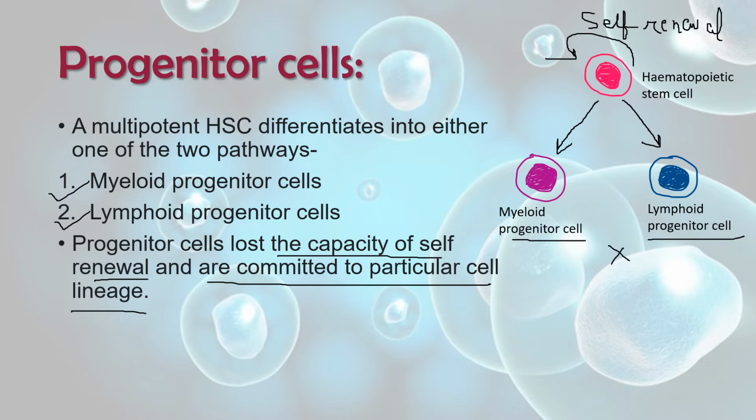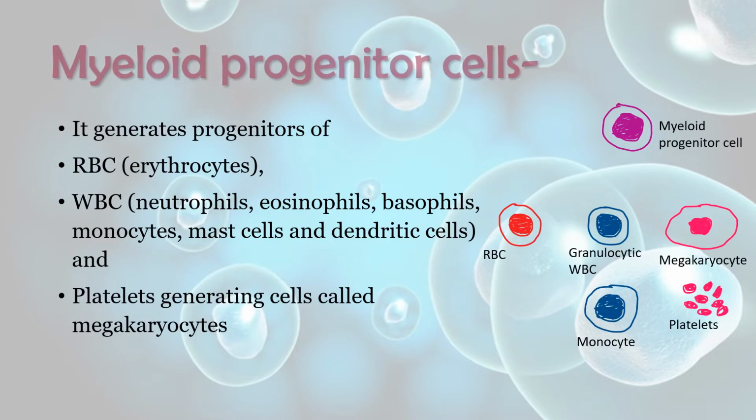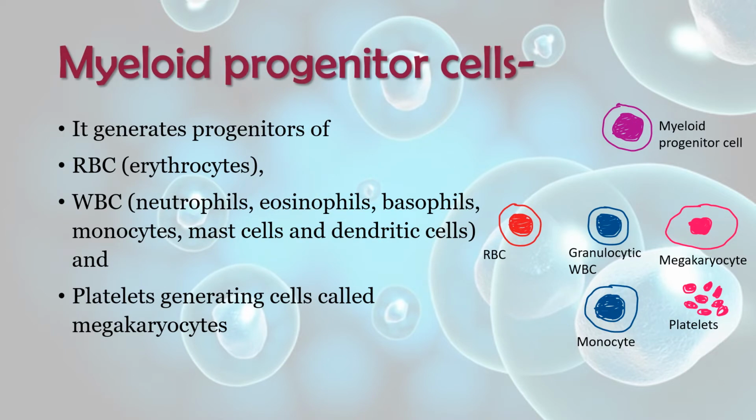Next. As we just saw, the hematopoietic stem cell differentiates into two progenitor cells. The first one is the myeloid progenitor cell and the second one is the lymphoid progenitor cell. In this slide, we will look at how the myeloid progenitor cells get differentiated into different types of cell lineages.